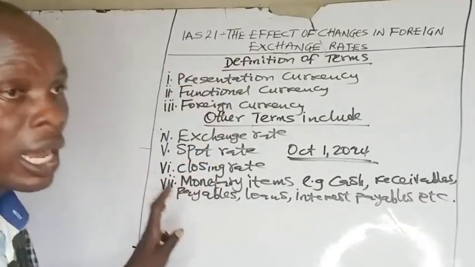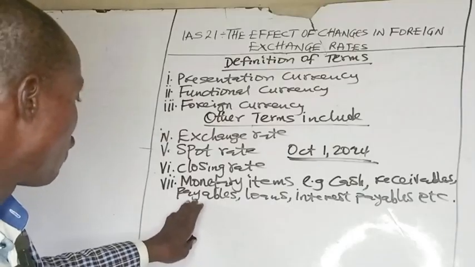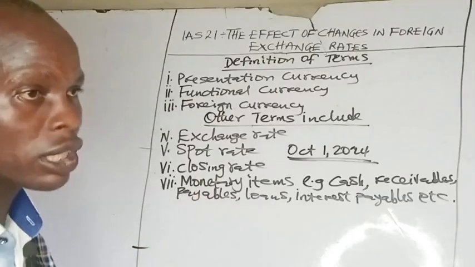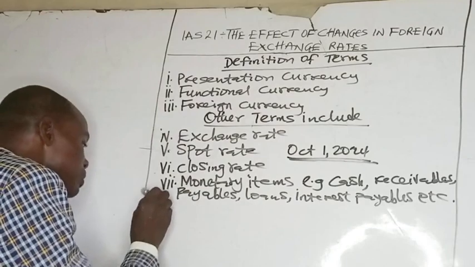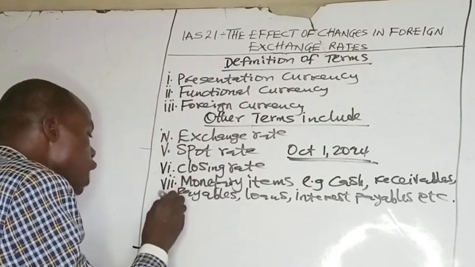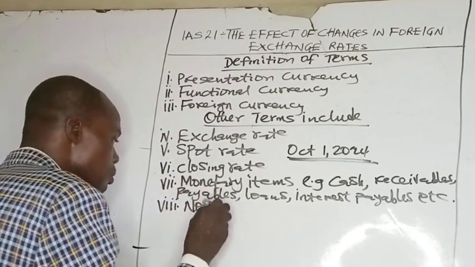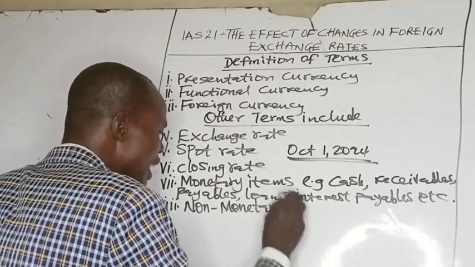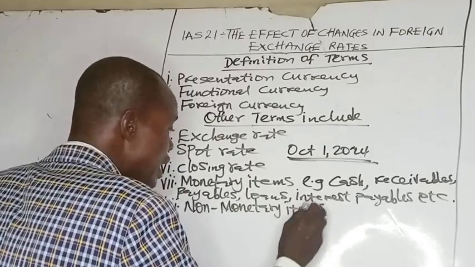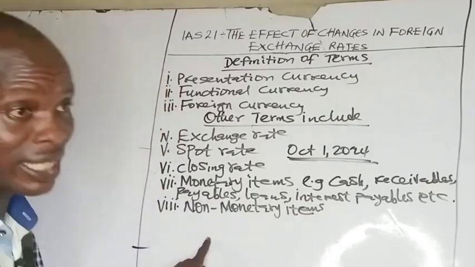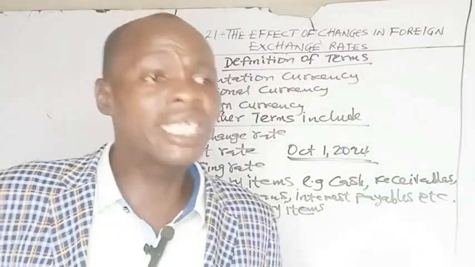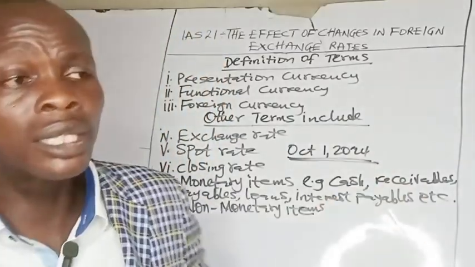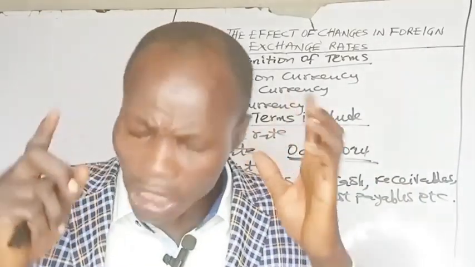These are examples of monetary items. Number eight, we have non-monetary items. IAS 21 did not define this term. Non-monetary items are items that are non-monetary.